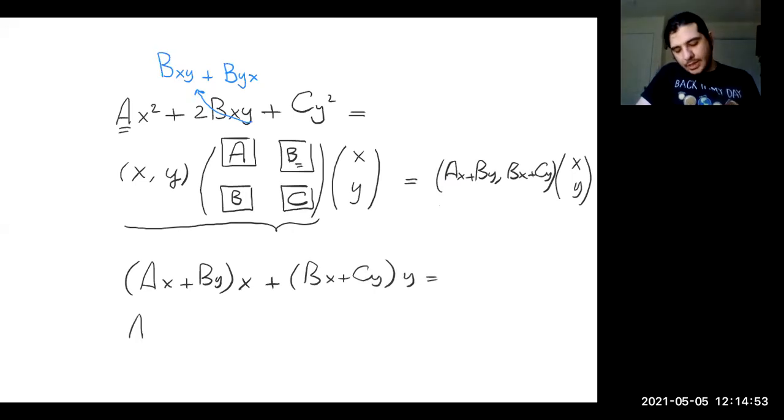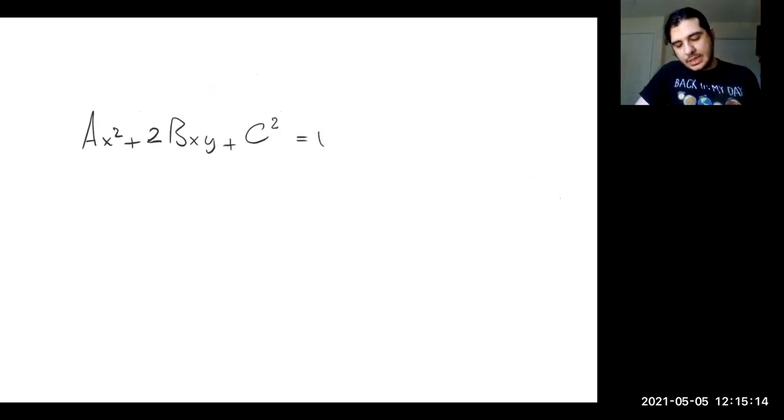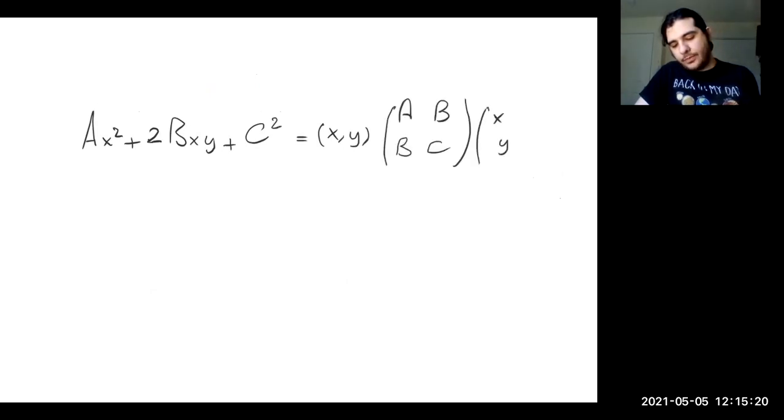And the result would be ax squared plus byx plus bxy plus cy squared, which is equal to what we started with. So if I just want to summarize what I said, this quadratic form can be written as xy times this matrix A, B, B, C, times x, y.